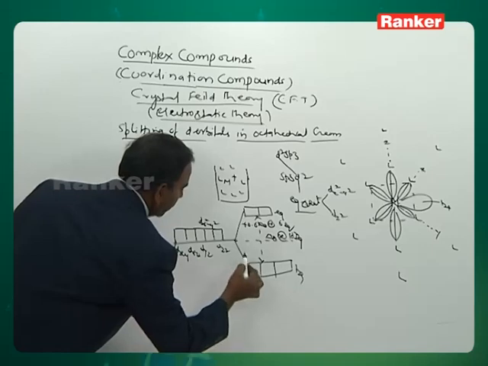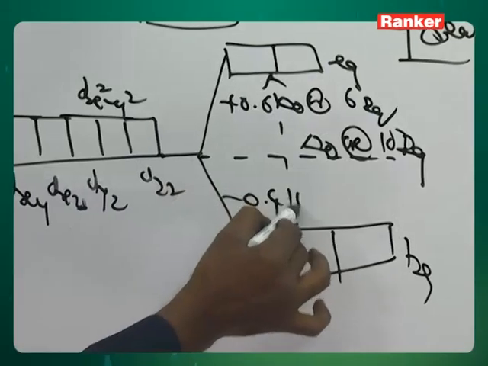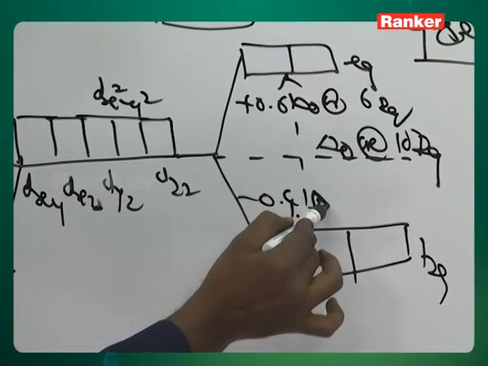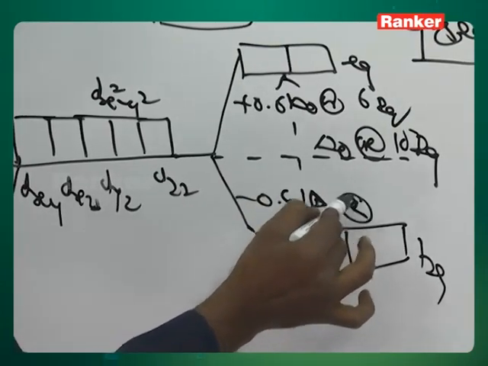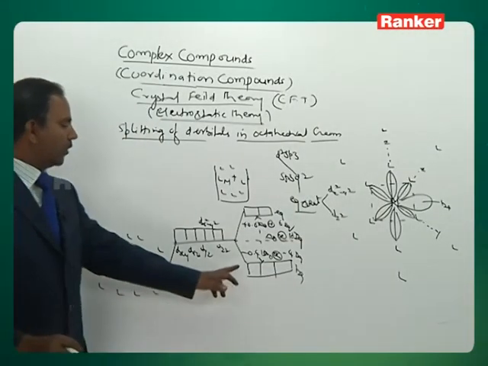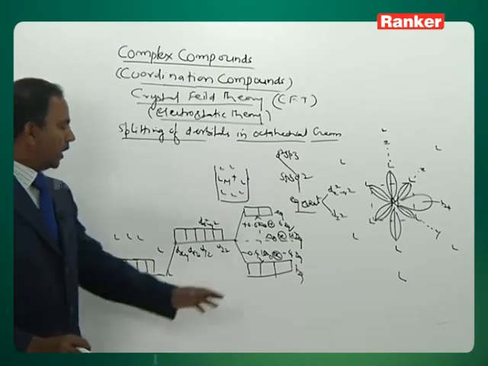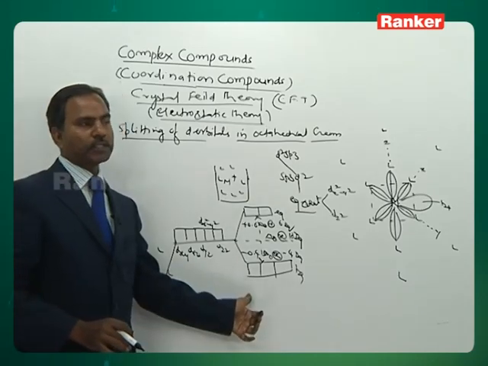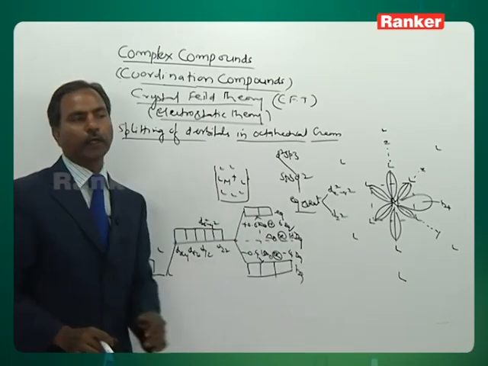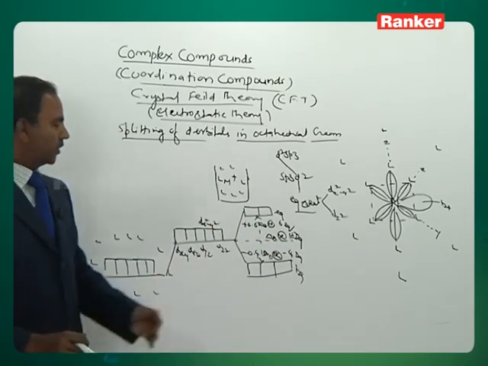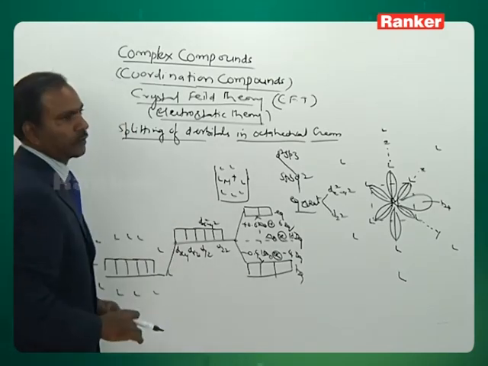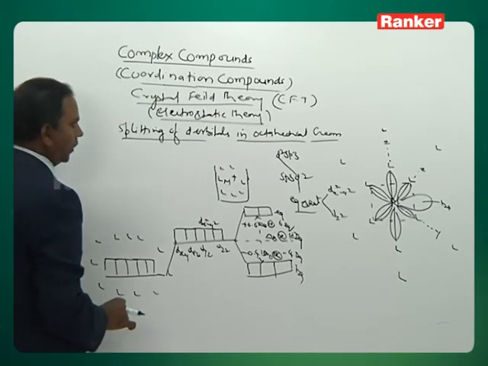Here the decrease will be minus 0.4 delta O, or minus 4 Dq. The total energy difference between the lower energy level and the higher energy level is denoted by delta O or 10 Dq. This particular energy difference we call the d orbital splitting energy for octahedral geometry.